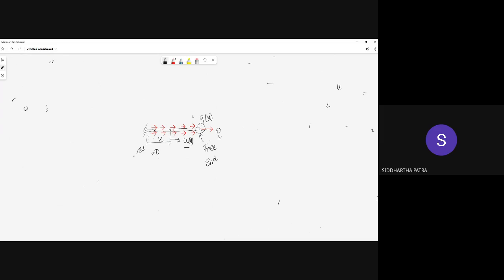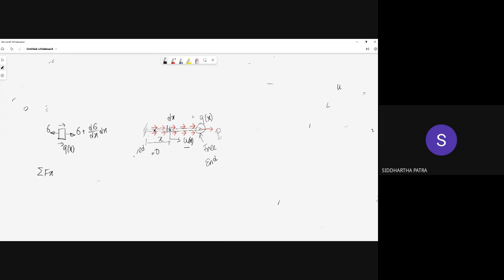So imagine if I take this differential element of length x. On this side, there is stress sigma plus d sigma dx. On this side there is sigma, and then I am applying this distributed load right here. So I have the following equation of equilibrium.